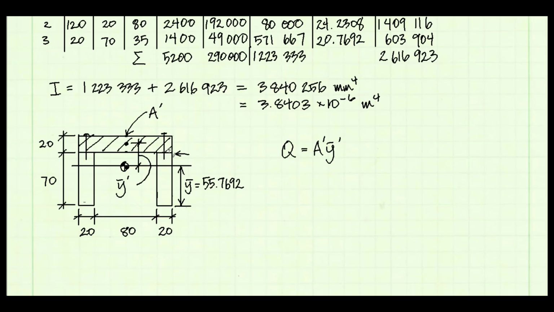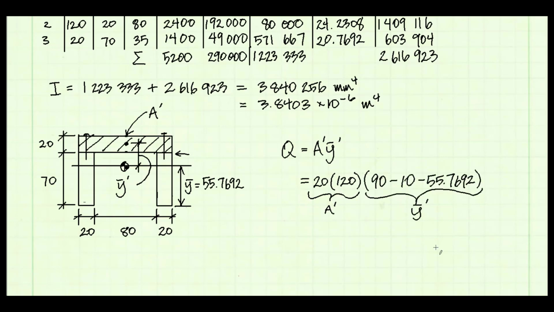And the distance y bar prime will just be the location from the centroid of A prime back to the neutral axis, which we found a moment ago. So the area of A prime is just the area of that top piece. It's 20 millimeters tall, 120 millimeters wide. To find my y bar prime, I'm going to take the whole height, which is 90 millimeters. I'm going to subtract off 10 to go down from the top 10 millimeters to the centroid of A prime.